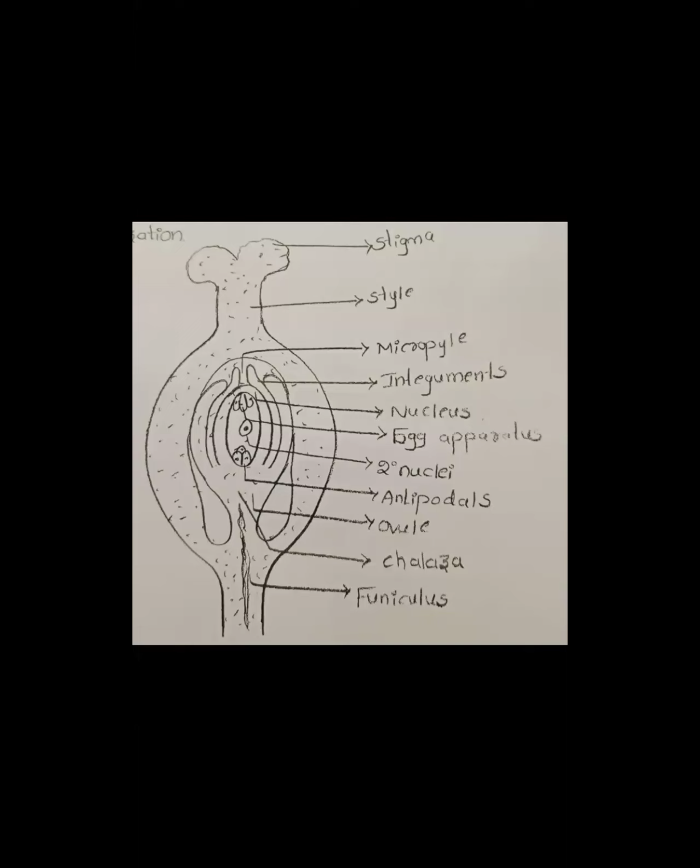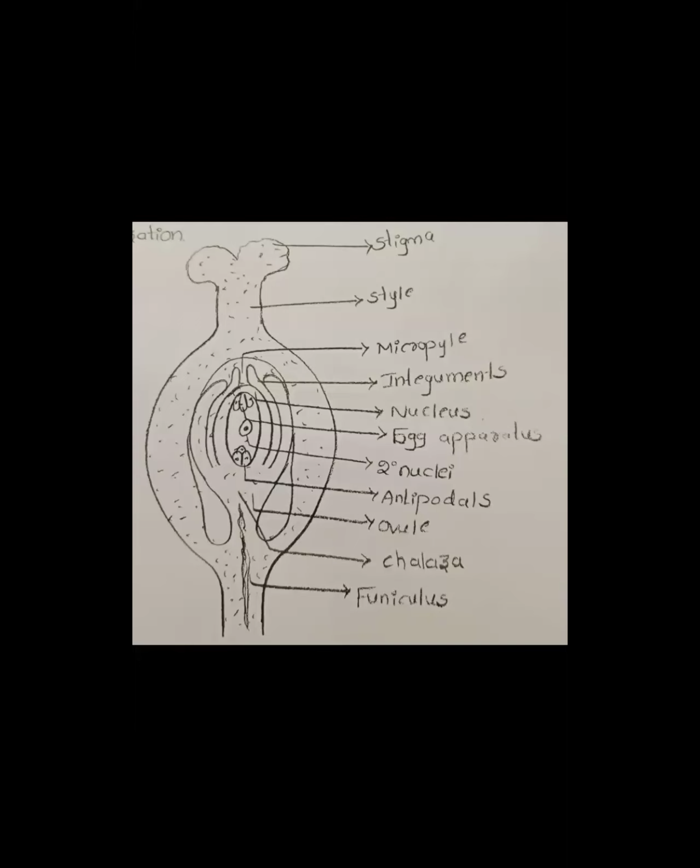The gynoecium or pistil. See here in this picture, all parts are very clear. The gynoecium or pistil is the female reproductive organ of the flower. It is made up of one or more carpels.